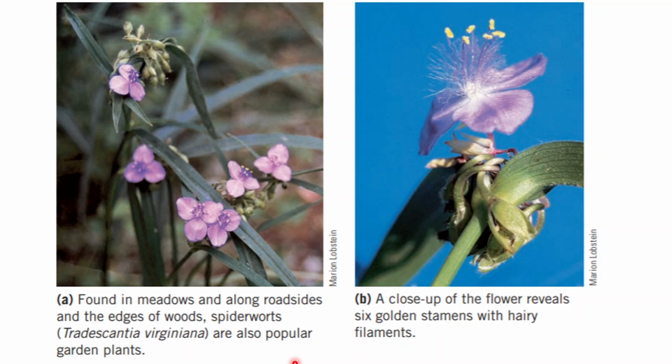The species is the basic unit of classification. I think you remember from the previous lectures that species consist of one or more populations whose members can interbreed to produce fertile offspring but are reproductively isolated from other organisms. Members of a species share a common evolutionary ancestry.